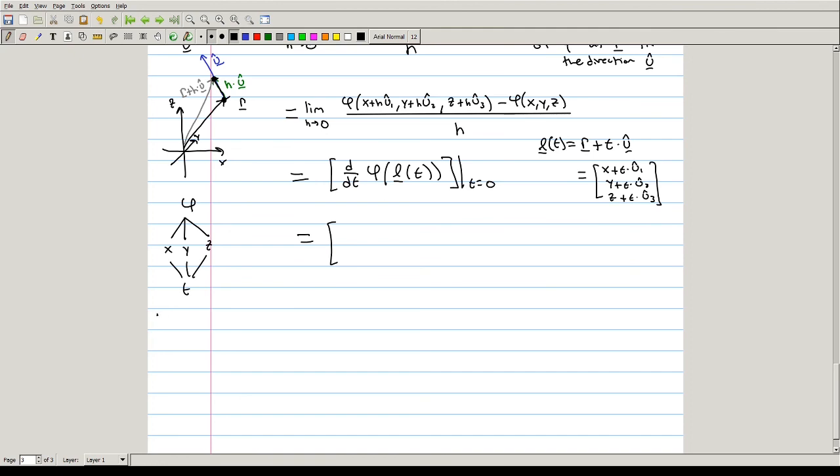So d phi dt is d phi dx times dx dt plus d phi dy times dy dt plus partial phi partial z times dz dt, where these are the partial derivative of phi with respect to x times the single derivative of x with respect to t, and so on and so forth for each of these derivatives. This is the so-called multivariable chain rule from multivariable calculus.